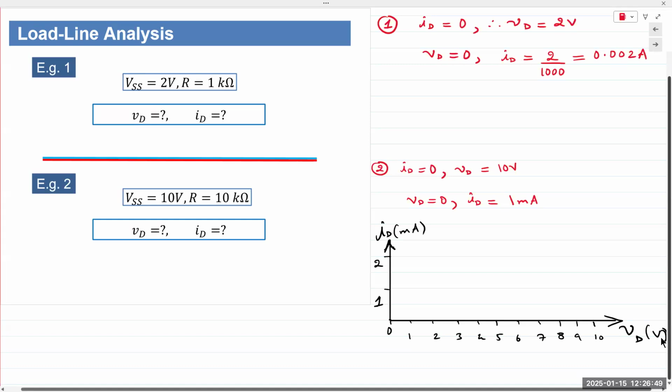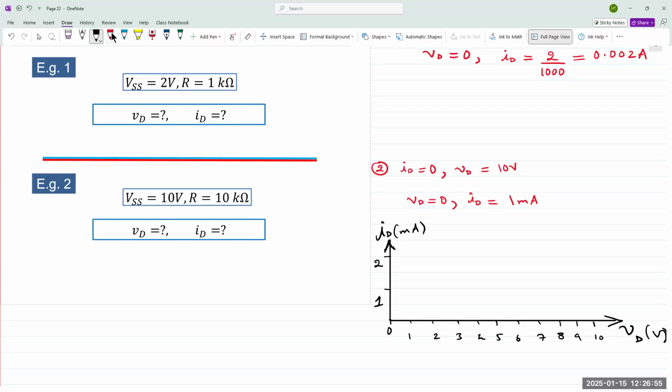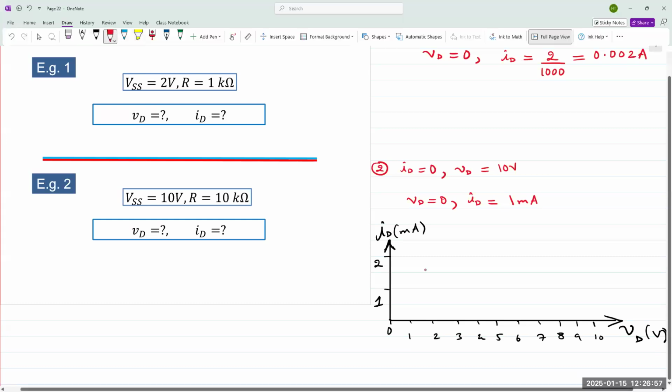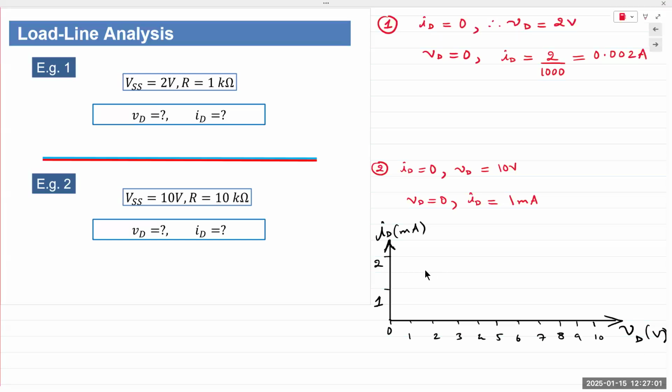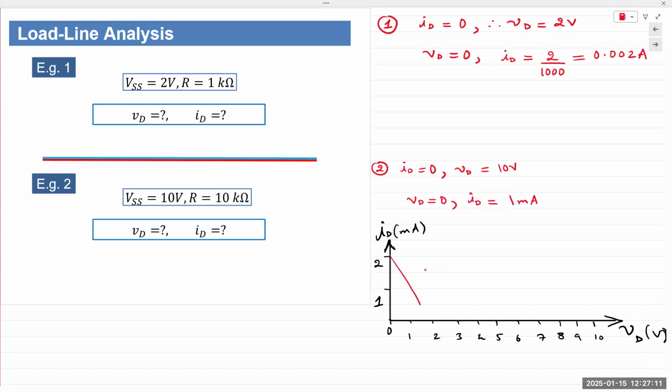If I was to plot the load lines for these two, I would get, all right, the first one is 2 milliamps and goes all the way to 2 volts. Since this is not to scale, the other one goes from 1 milliamp to 10 volts.